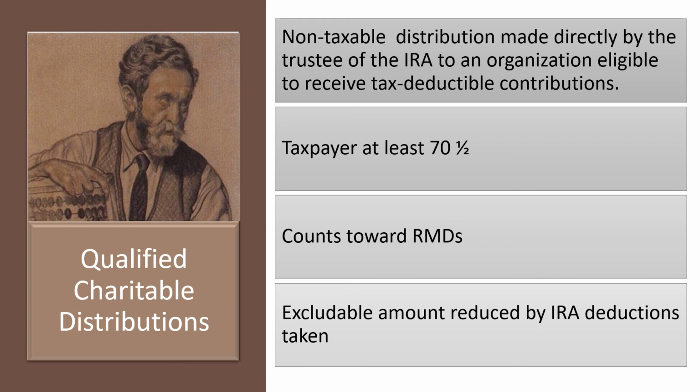So sometimes you might see people who are still putting money away into an IRA, but they're also making distributions out of the IRA. They might be making these qualified charitable distributions and putting money away into their IRA. So you would have to reduce the charitable distribution amount by any deduction that they took for the contributions into the account.